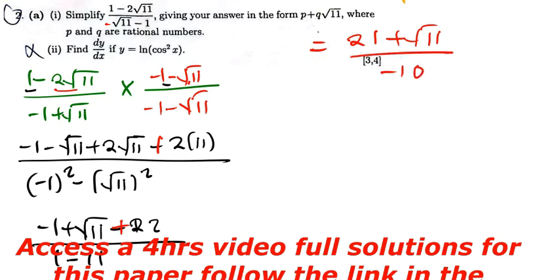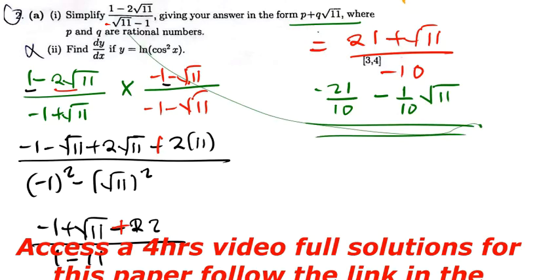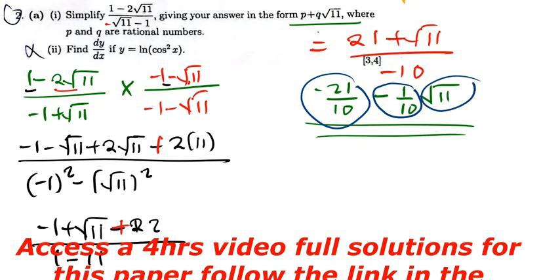So now I want to put it in the form of p plus q root 11. So I'll just say negative 21 divided by 10, then minus 1 over 10, then the root of 11. Why am I doing this? Because my p is now that and my q is this, then that root of 11.